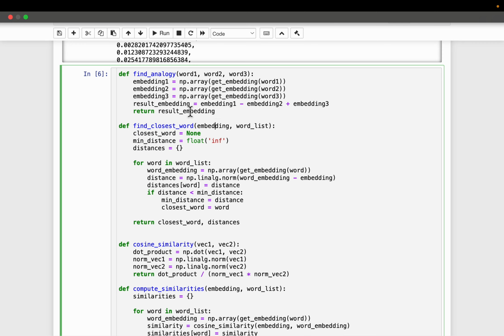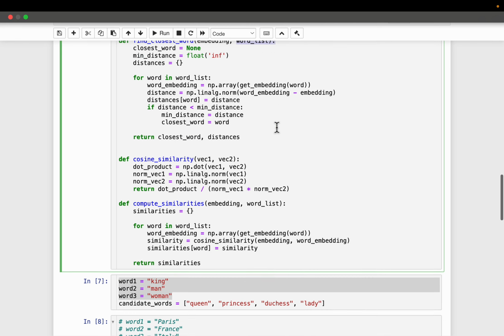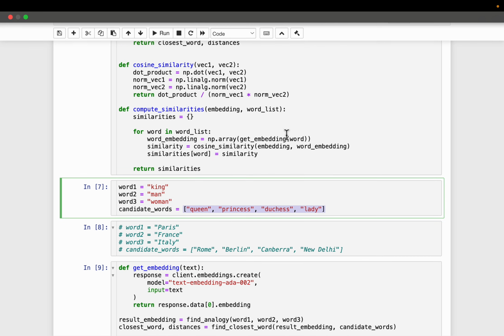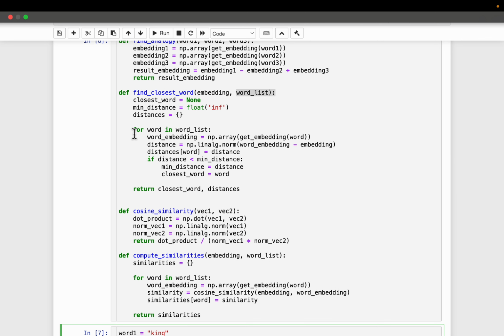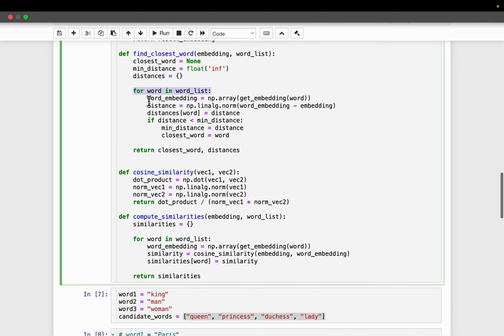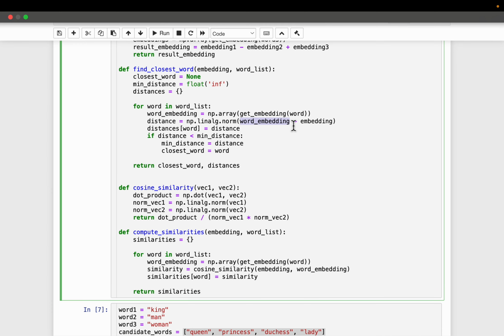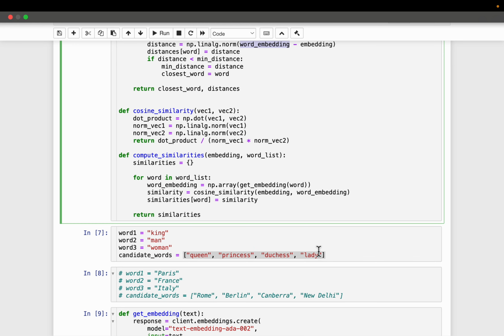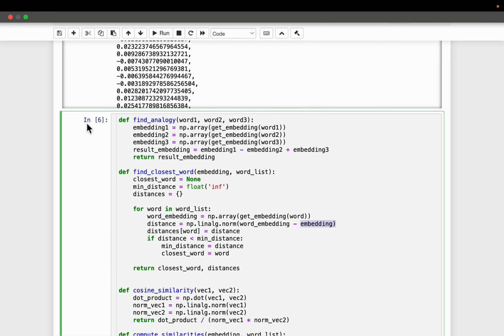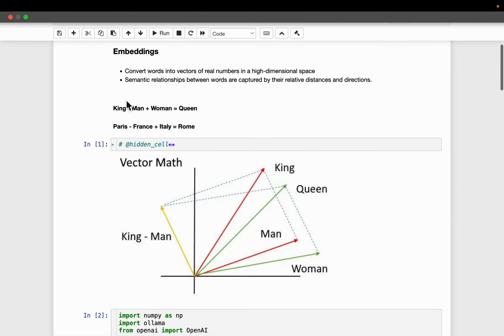So we take this resulting embedding as an input, and then the word list. The word list is this list. We go over the list one by one. For each word, we compute the embeddings, and then here we are computing the Euclidean distance. So this word embedding is for each of the words in this list, and this embedding is the result of the left-hand side of the equation.